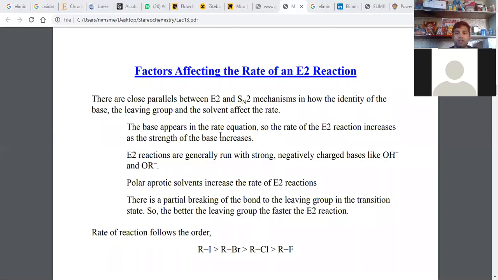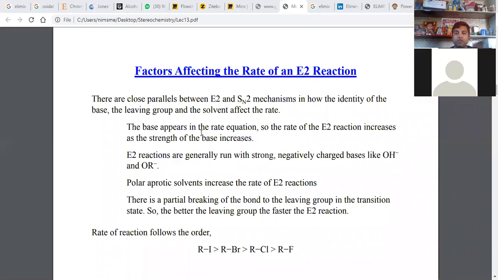The base appears in the rate equation, which means the E2 reaction is a bimolecular reaction. So the rate of the E2 reaction increases as the strength of the base increases, because the rate depends on the concentration of the base as well as the concentration of the substrate.